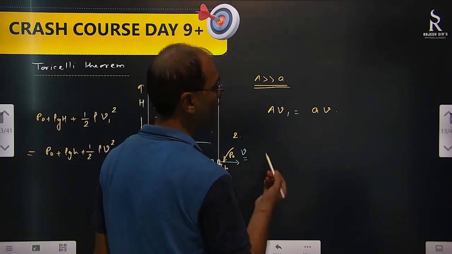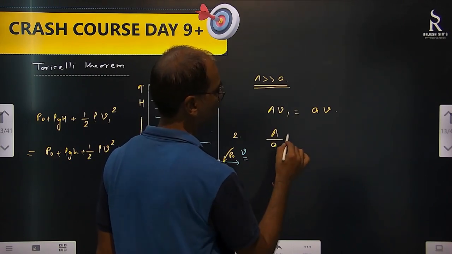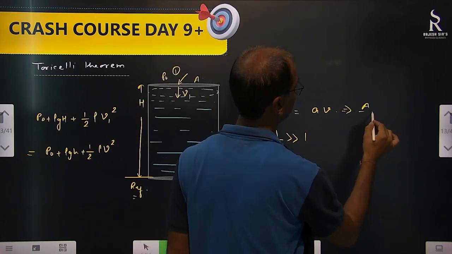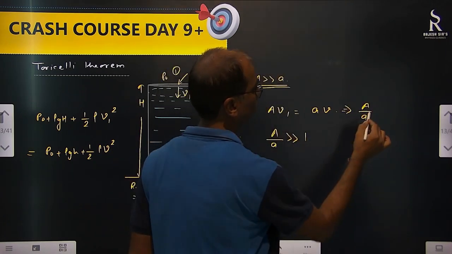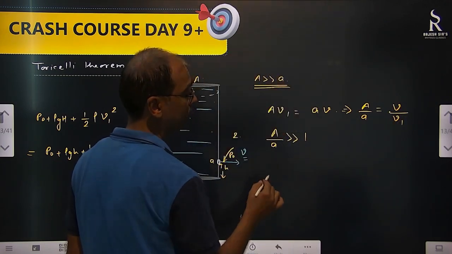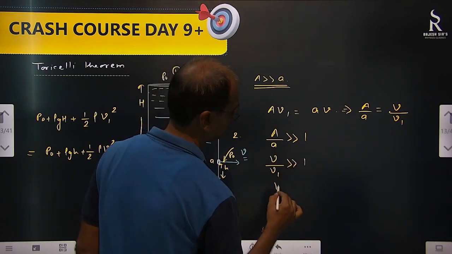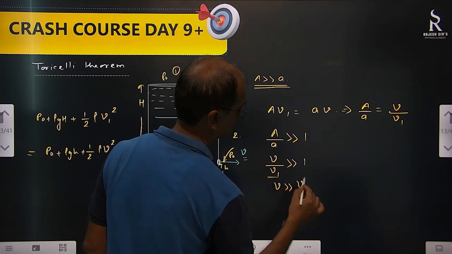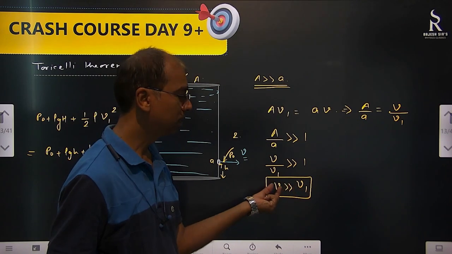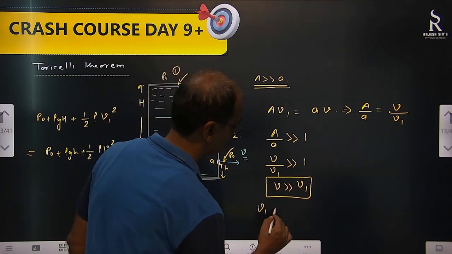That means A by a is huge. A by a is equal to v by v1. If A by a is very high, that means v by v1 is also very high. So v is greater than v1. So that means I can say v1 is negligible as compared to v.